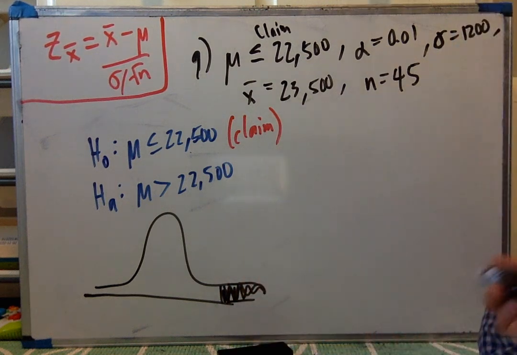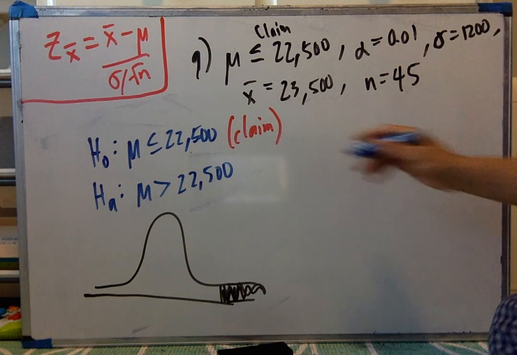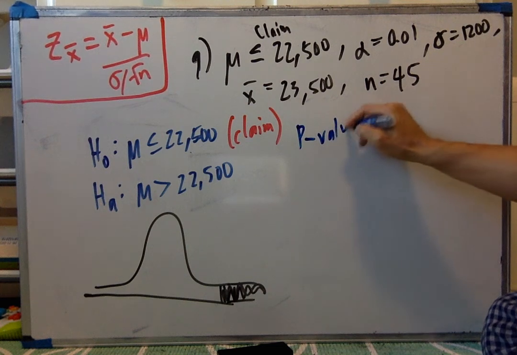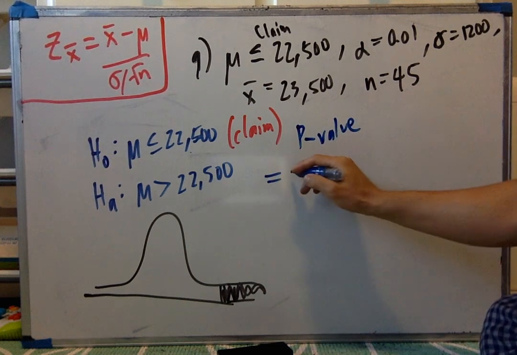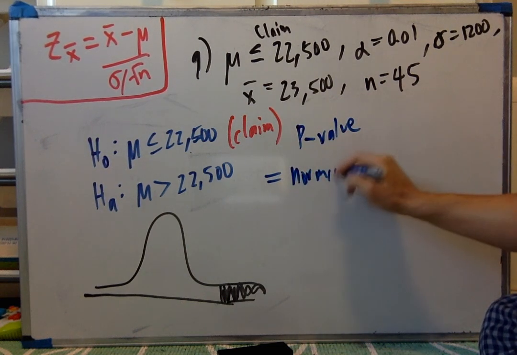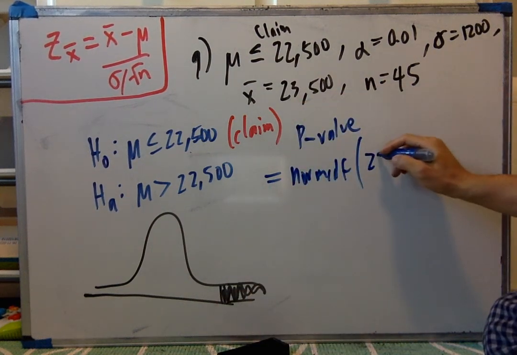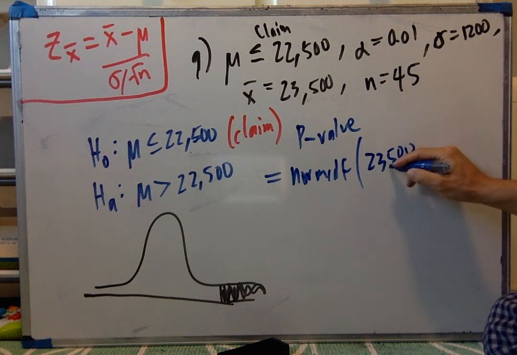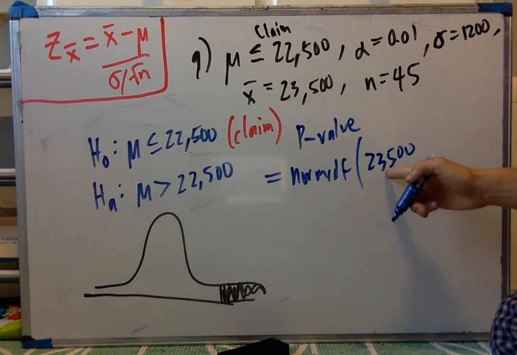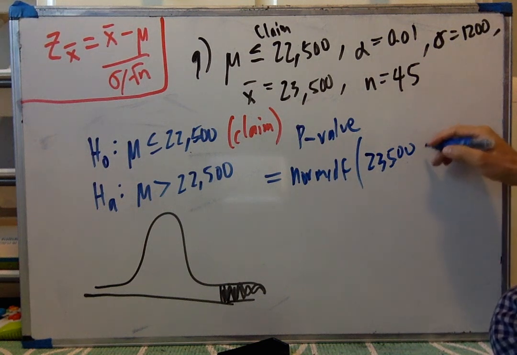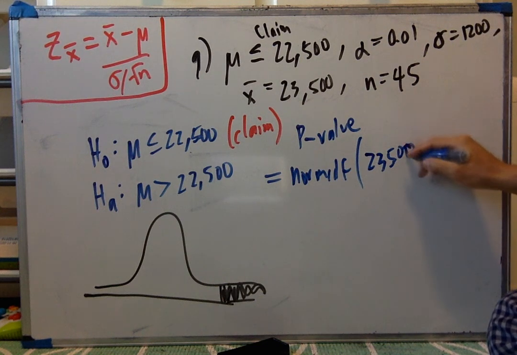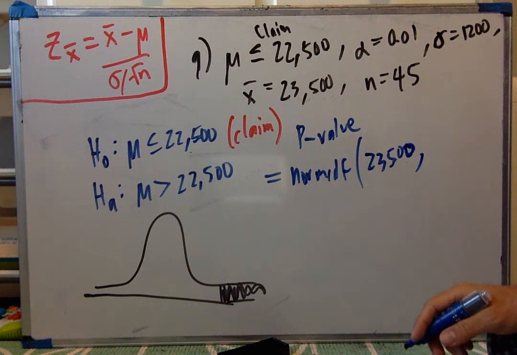Okay, I'm going to skip the z step just like the last time and go straight to the p-value. I'm doing a right tail test, so it should be norm CDF. My value was 23,500. I'm writing it without commas because if you type a comma into your calculator, it's going to get confused and think this is the first term, this is the next term. Next value is the upper bound.